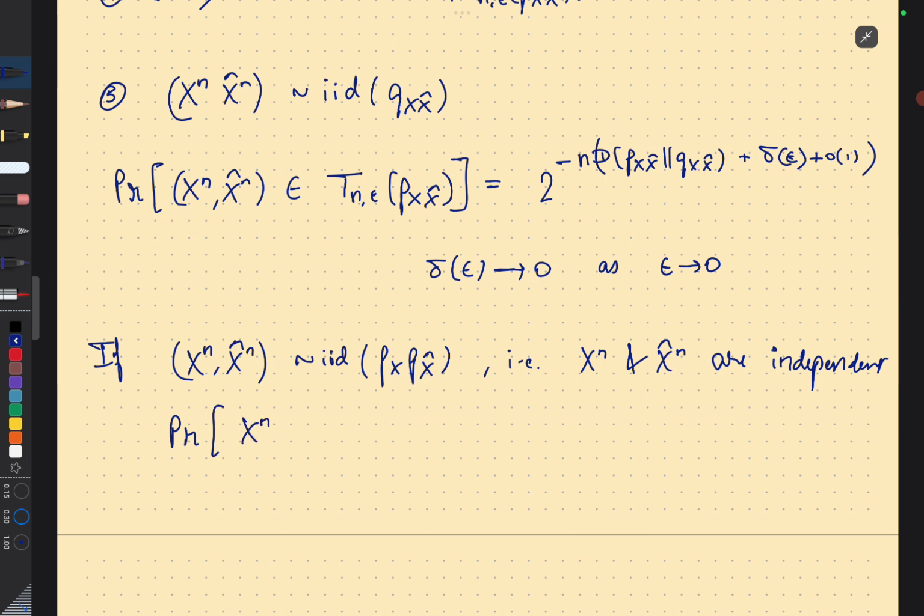Then what is the probability that x^n, x hat^n belongs to the typical set for P of x, x hat? So basically it follows from the above, right? So it's the KL divergence between P of x, x hat and P of x times P of x hat, which is nothing but the mutual information between x and x hat.